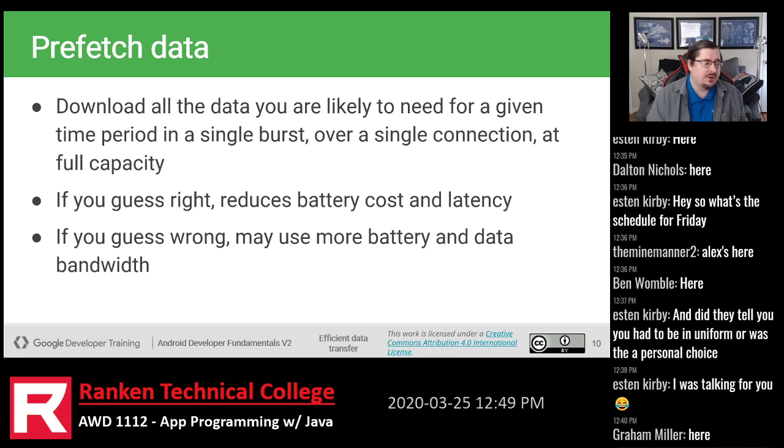So one thing we can do to try and avoid all this is we can prefetch data. We can say, let's download all the data that the user is probably going to use in the next period. In a short burst, we'll just say, okay, when the user loads this screen, let's go ahead and preload all the data we think they might use, and then we'll save that and reuse that. So let's say they're searching for puppies on Google, right?